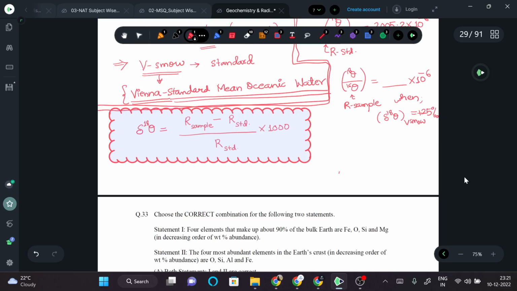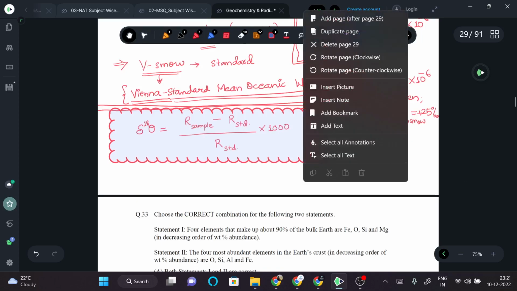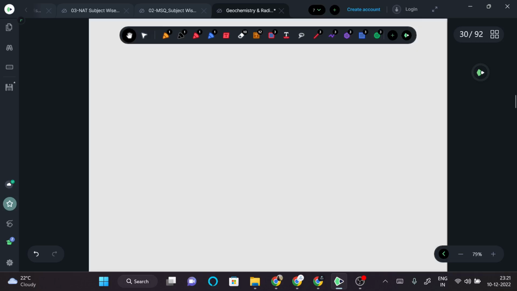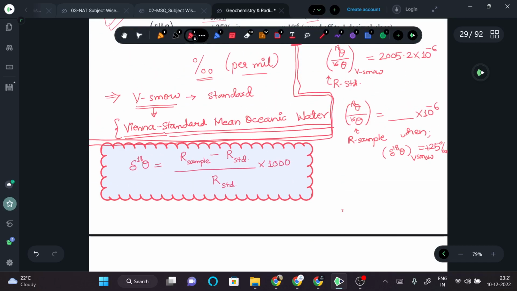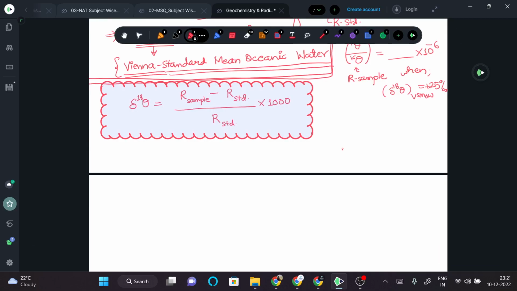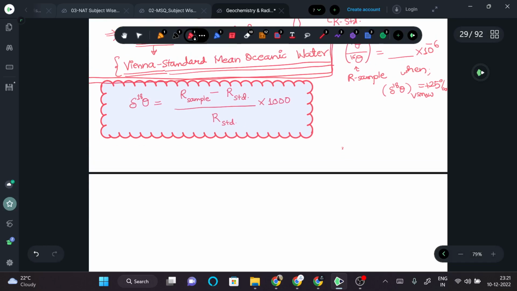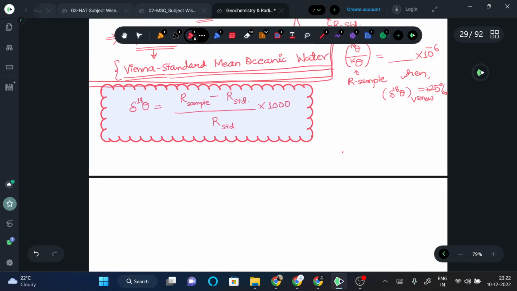So this is the formula that we have to use over here. It's actually a simple case. Have a look at this formula and remember it. Whatever I am highlighting, you need to note down and remember, otherwise you won't be able to solve the questions. Delta O18 is given as 25.